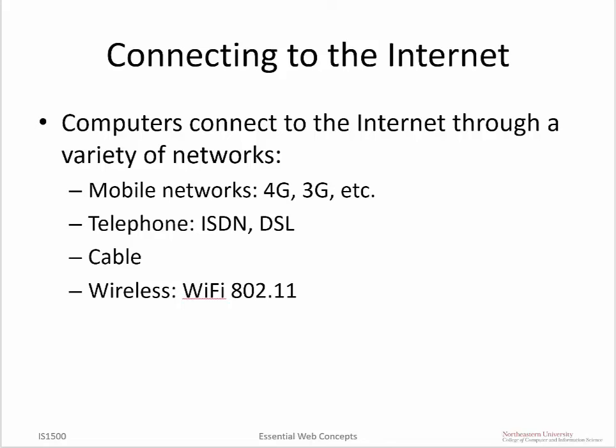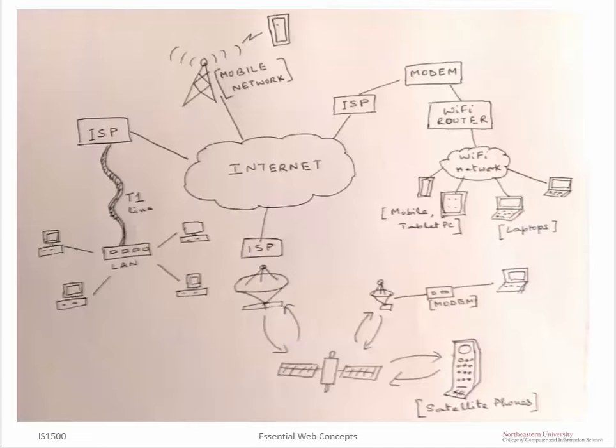If you connect to NU-Wave, if you connect in here through CCIS, if you connect at Starbucks, in a coffee shop, at the airport and so on, you are connecting through Wi-Fi. And what actually happens in that case is that you connect your tablet, your laptop, and so on to your Wi-Fi network.